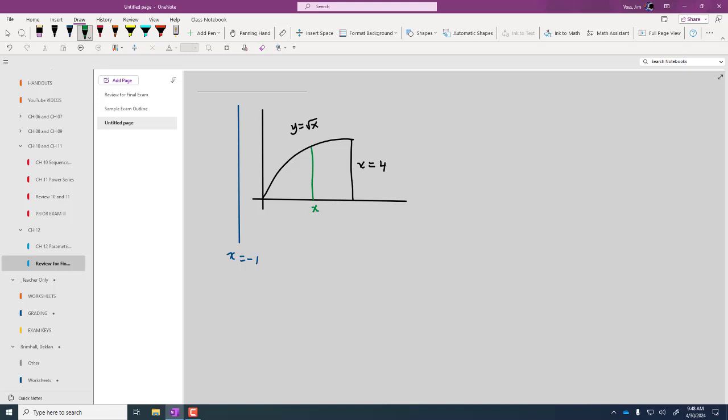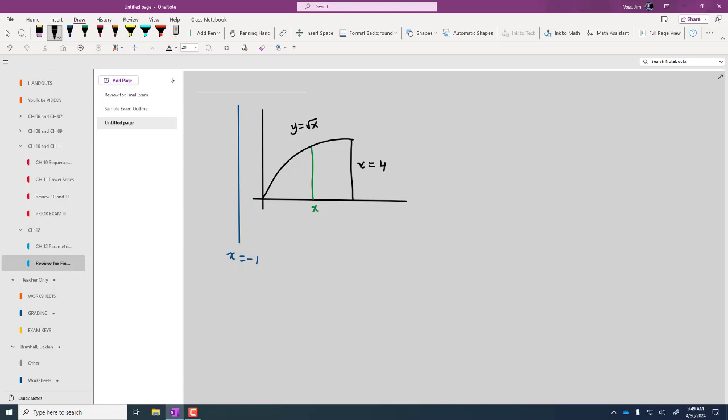So the first thing, when we're rotating around an axis, we have to keep in mind that the parallel element, or parallel representative rectangle, however you think of it, has to be set up parallel. You can always draw your integration element vertically or horizontally. If you want to do shells, it has to be parallel.